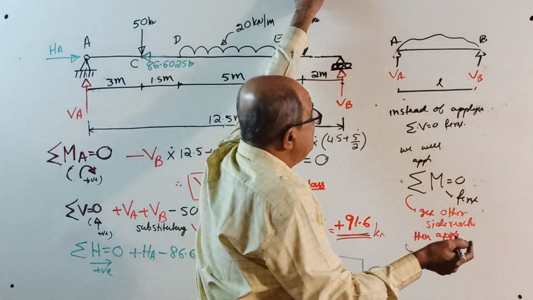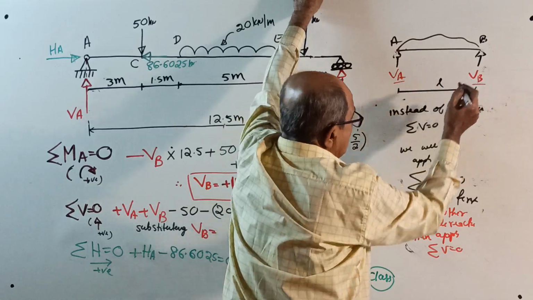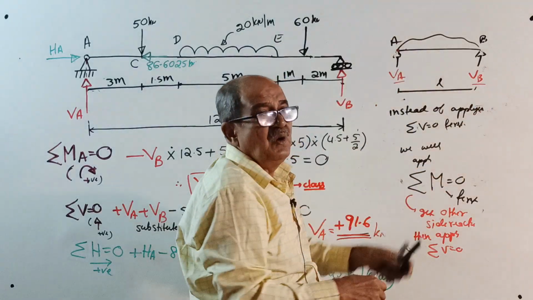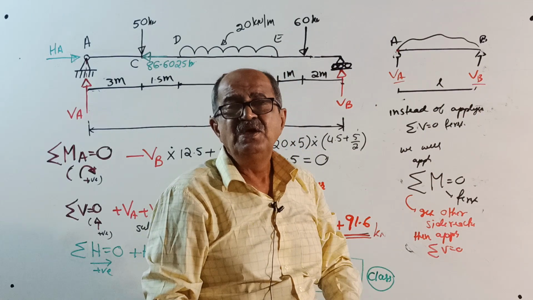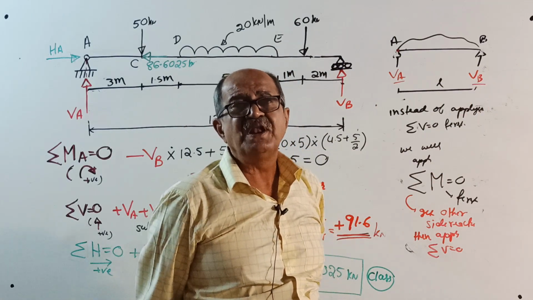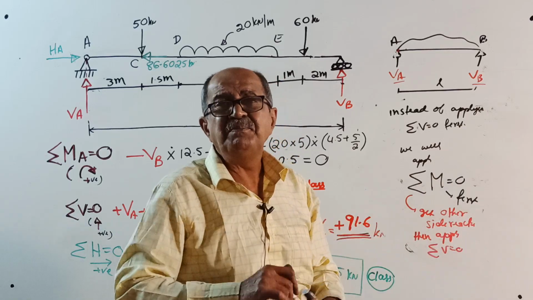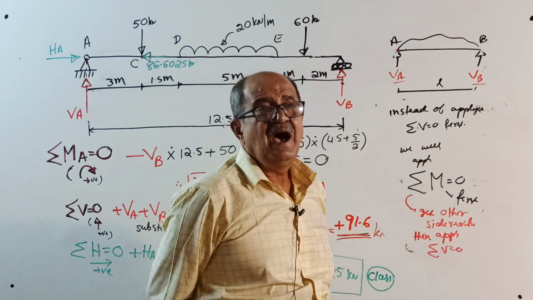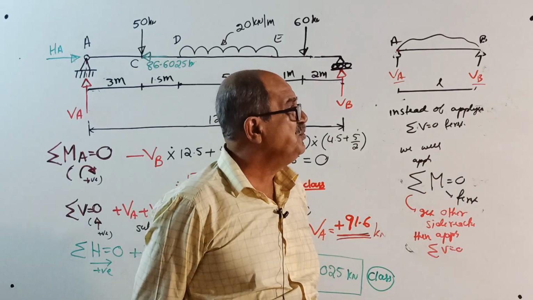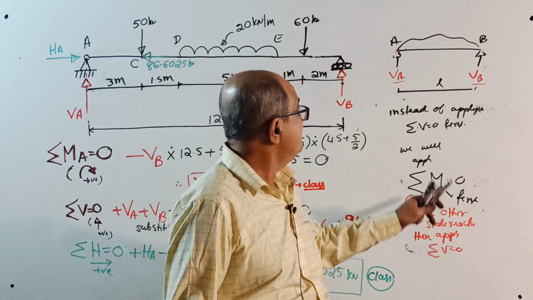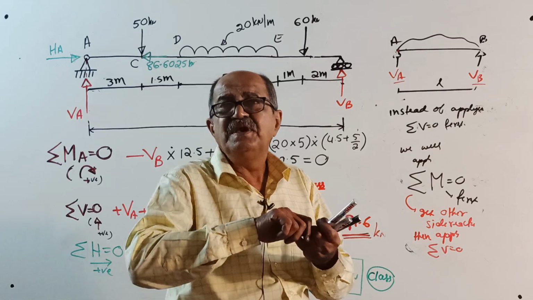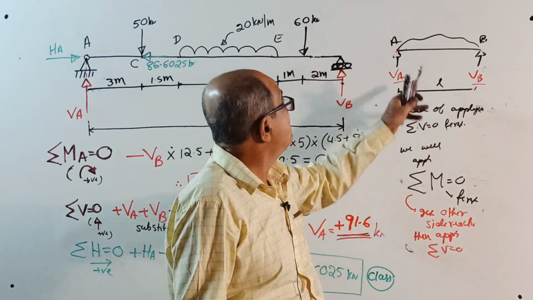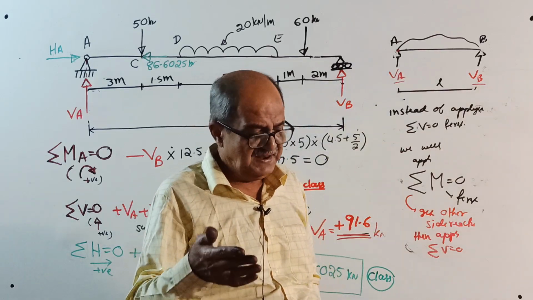When you make sigma V equal to 0, VA, VB both will come, but by that time, one of the reactions is already known. So there is no forming of equation. You get step-by-step answer. Instead of writing unnecessary equation one, then substituting back, the best is sigma M equal to 0, sigma V equal to 0. Lastly, if required, sigma H equal to 0.